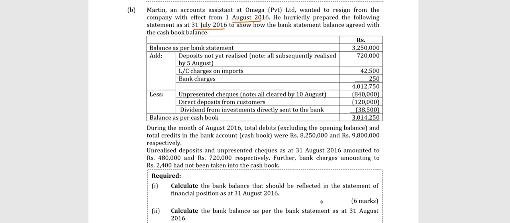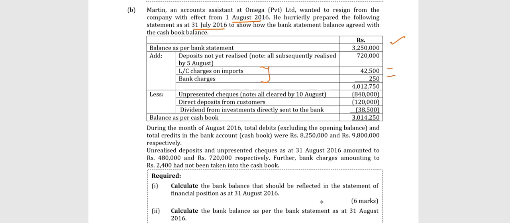So the bank balance was 3,250,000 and there were unrealized deposits he added, which is correct, and there were two charges which were not accounted in the cash book, which are LC charges and bank charges, he has added.